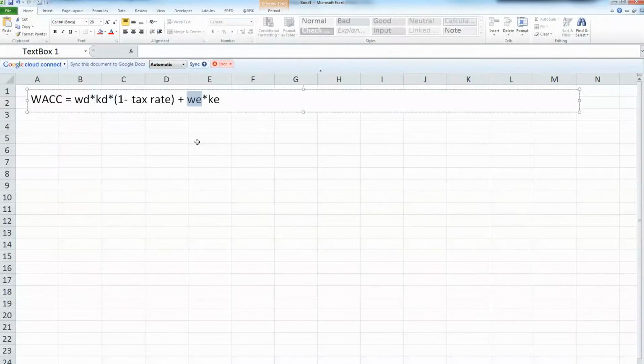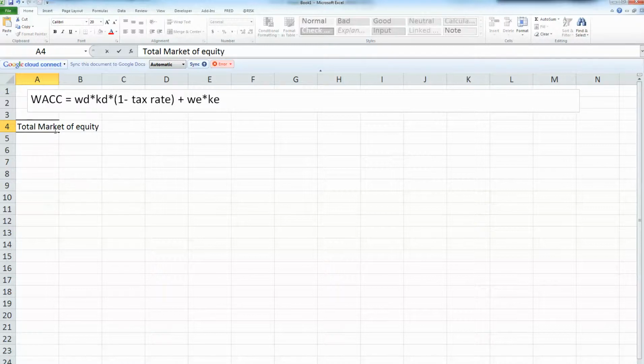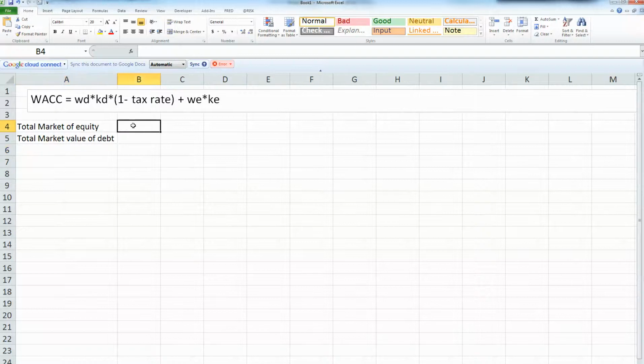So what I need to do is calculate the total market value of equity and the total market value of debt.